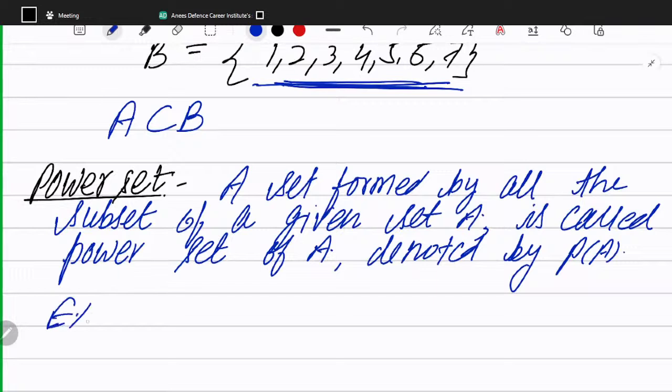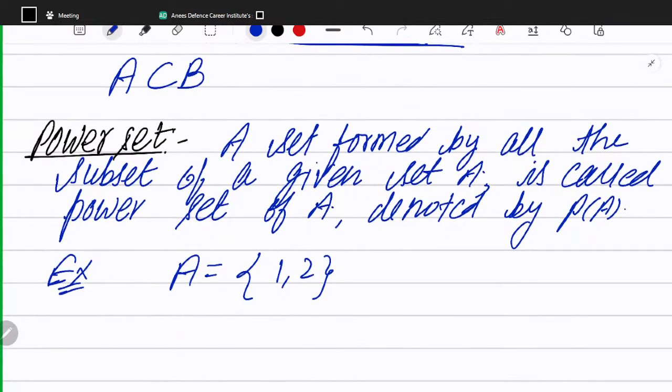Example, let's say set A is {1, 2}. Number of elements in set A, let capital NA, that is 2.